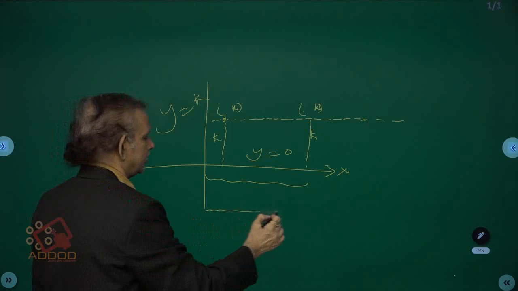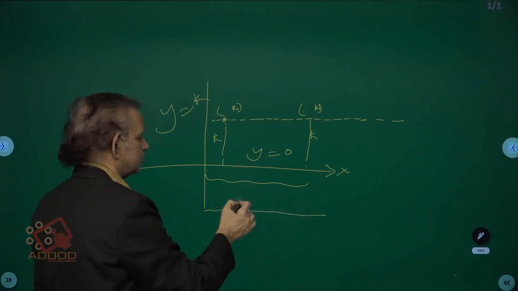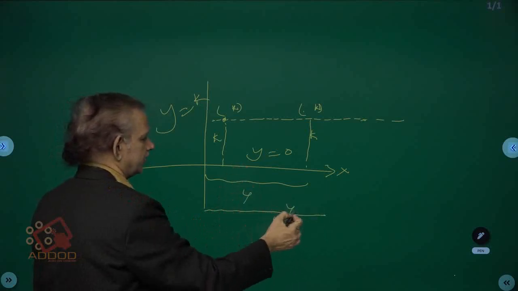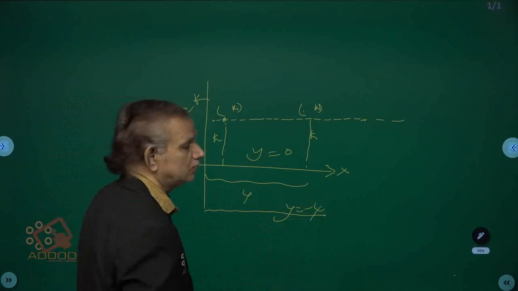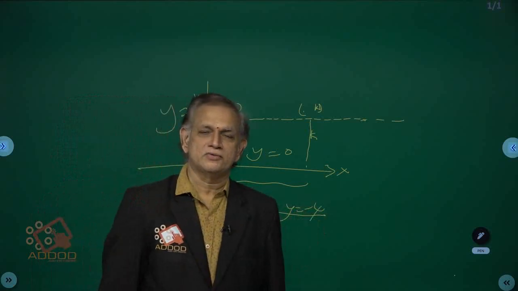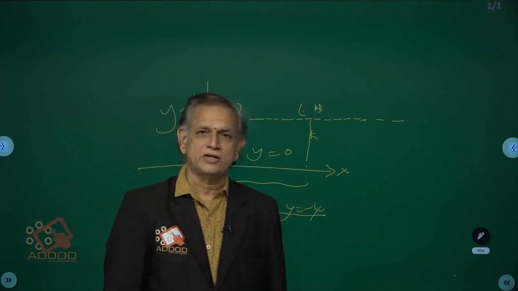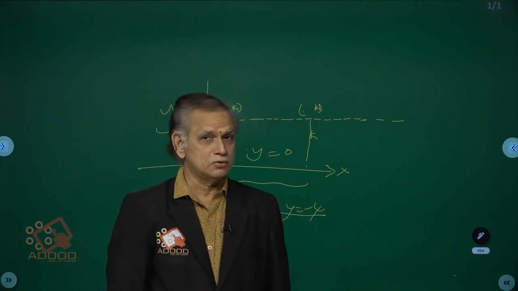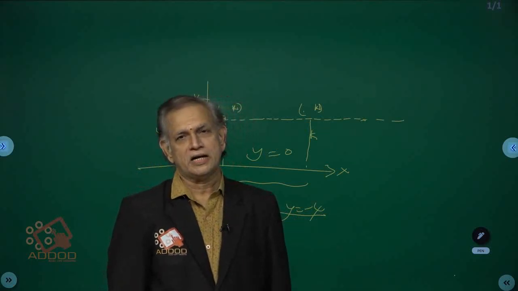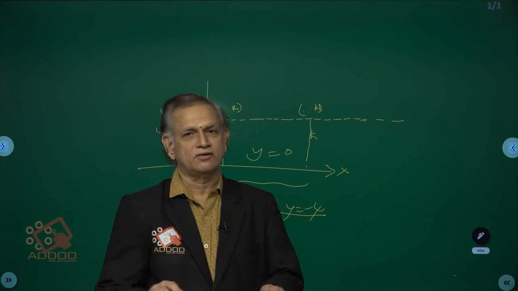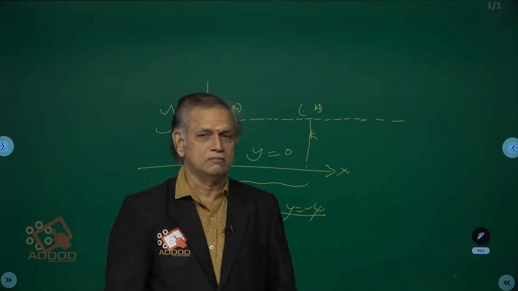Suppose a line is taken here. If this distance is some 4 units, we say that y = -4. Equation of a line parallel to the x-axis at a distance of 10 units above it: y = 10. Equation of a line parallel to the x-axis at a distance of 6 units below it: y = -6.